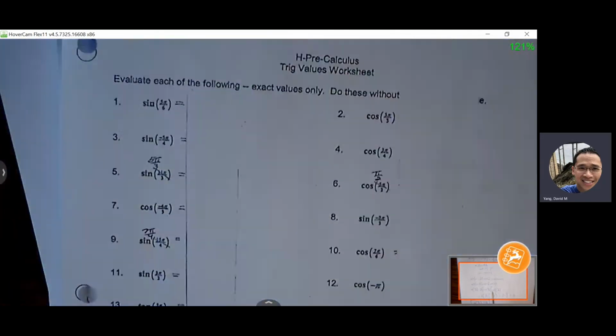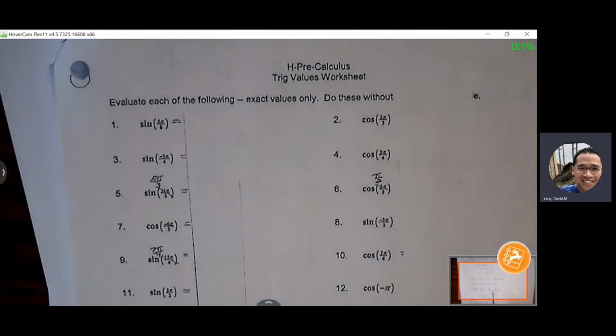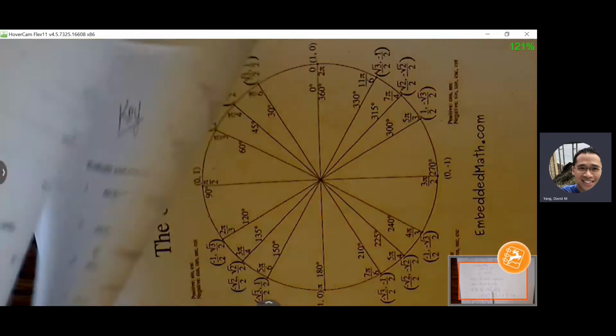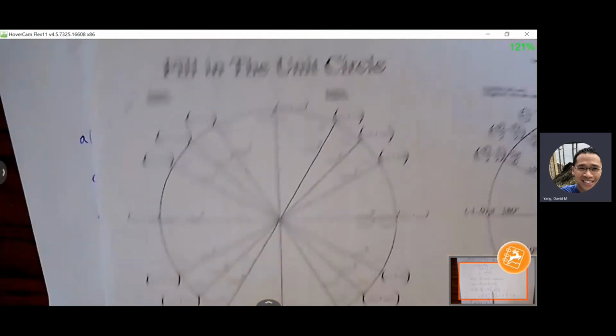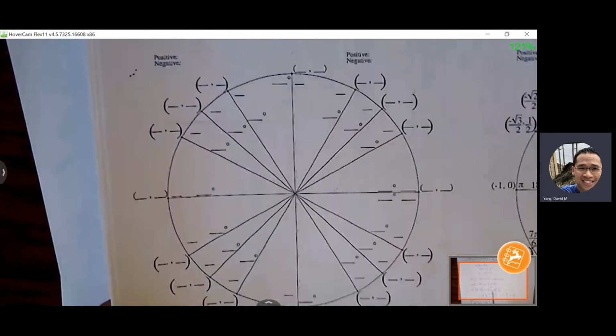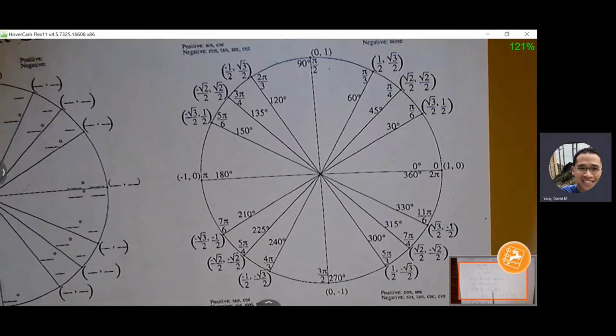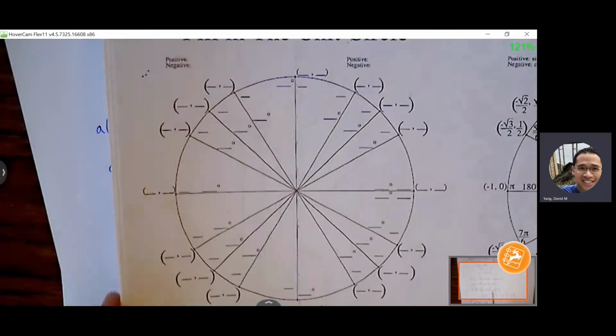I have a worksheet that I pulled from another website, along with the key. And I'll also provide you a blank unit circle, but I put a key next to it for you to practice and check and make sure you can fill that out.